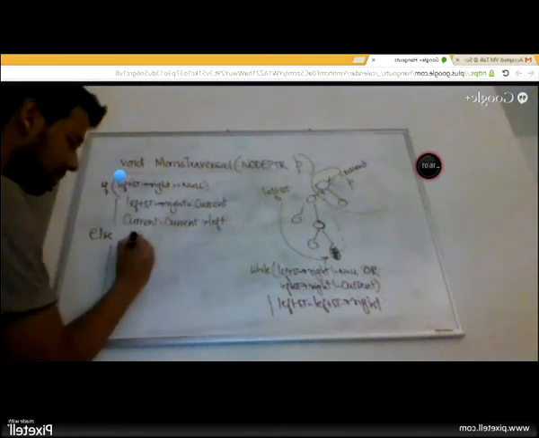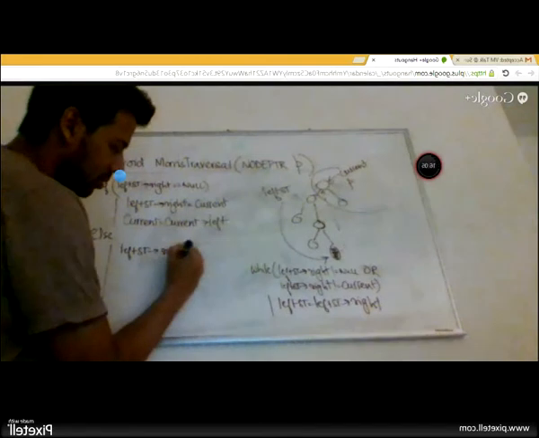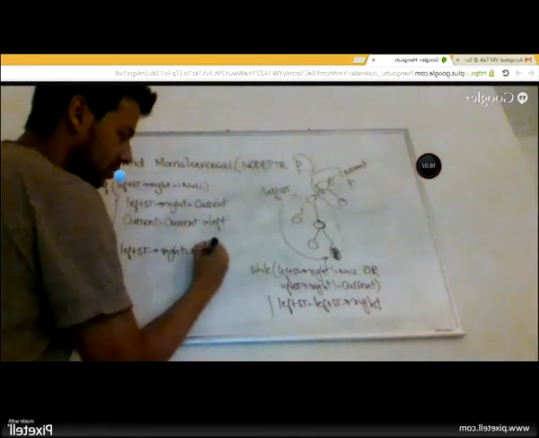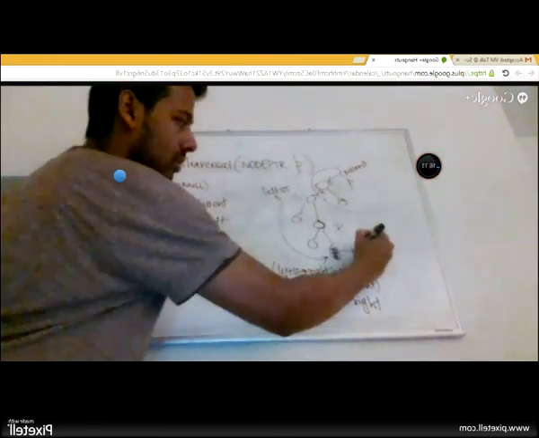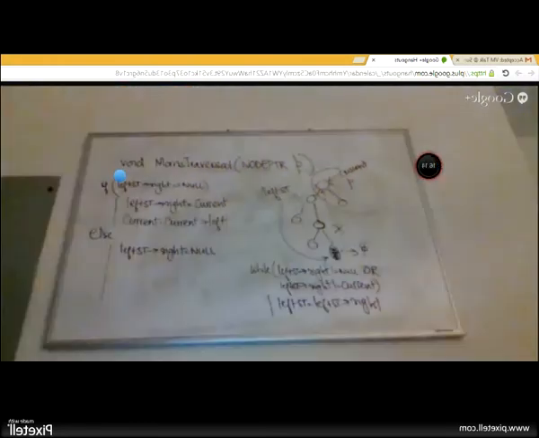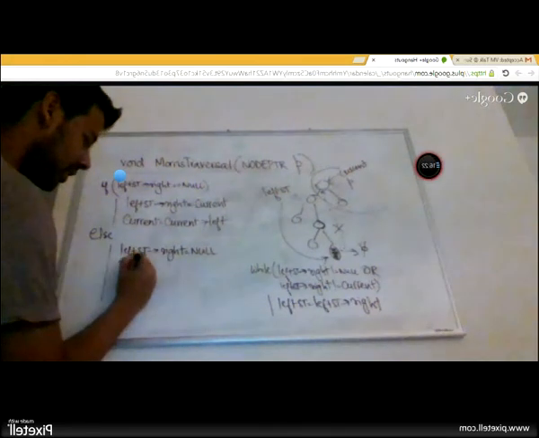You say left subtree pointing to right equals null, because that's what it was originally. So you cut this thread by making it point to null. And you print current node.